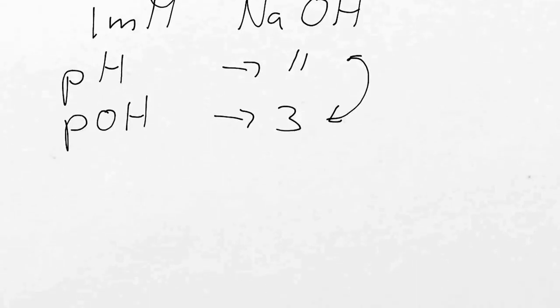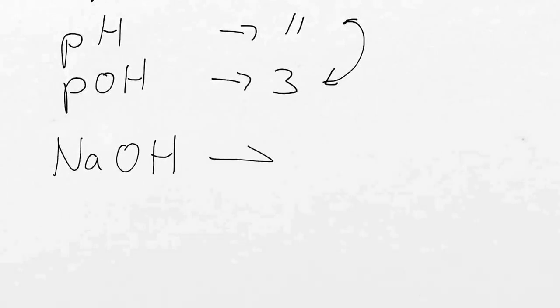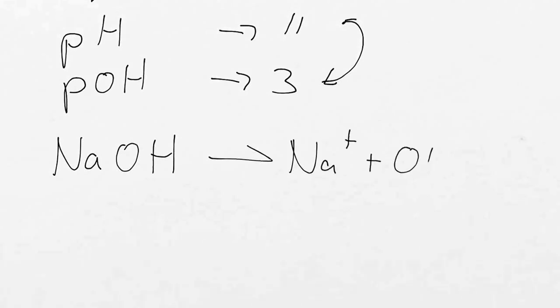What happens if we put NaOH into water? What do we get? Na plus plus OH minus. Aha. So we have a 1 millimolar solution, and let's assume that it completely dissociates.